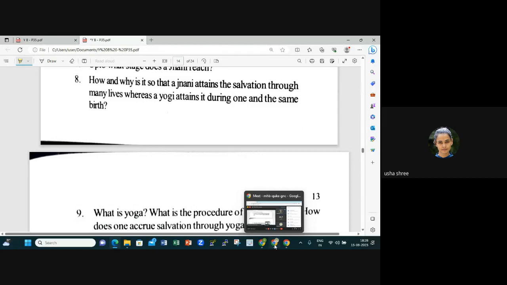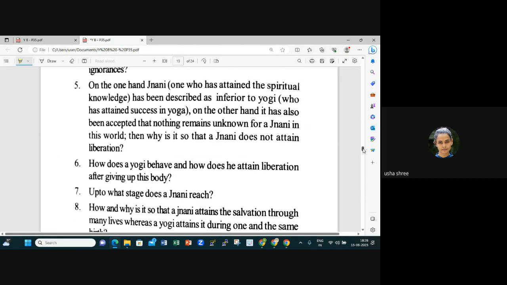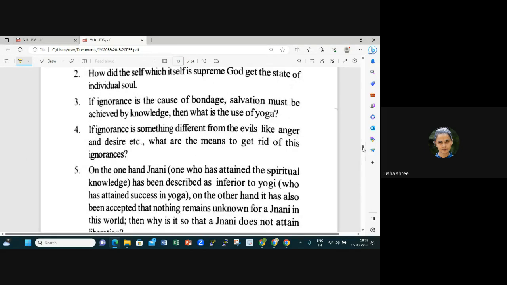Ma'am, in the fourth question, it says, if ignorance is something different from the evils. Here, evils have been described as anger and desire, generally the enemies of the human being, Kama, Krodha, the Shadripu, the Arishad Varga. As per the question, it looks like ignorance is different from the Arishad Varga.